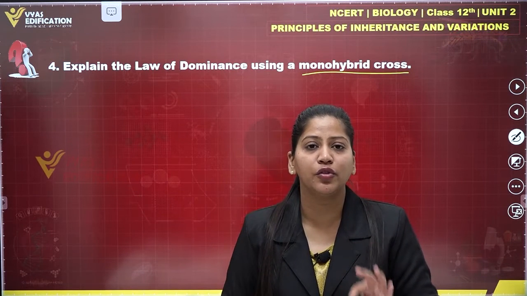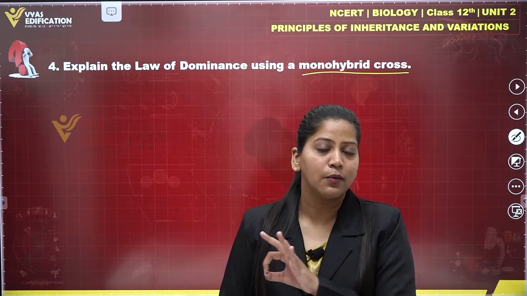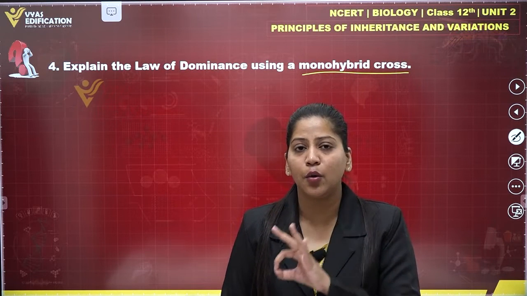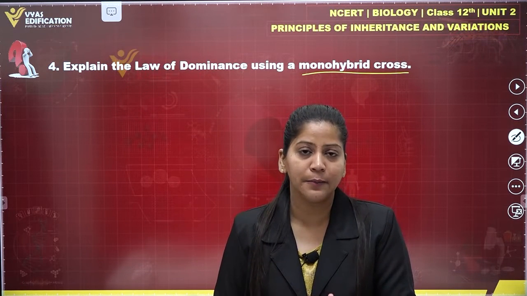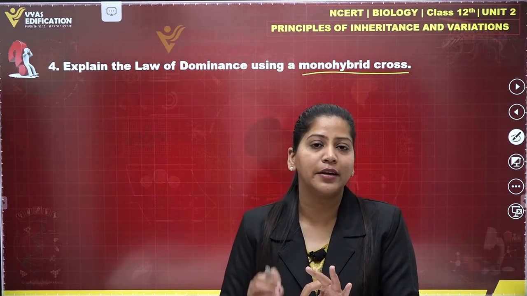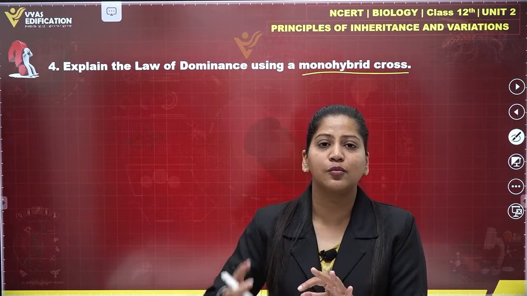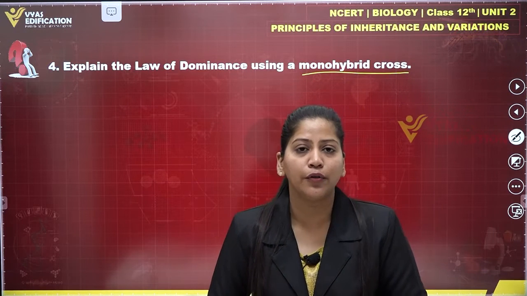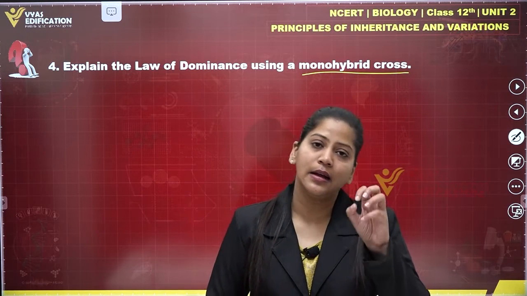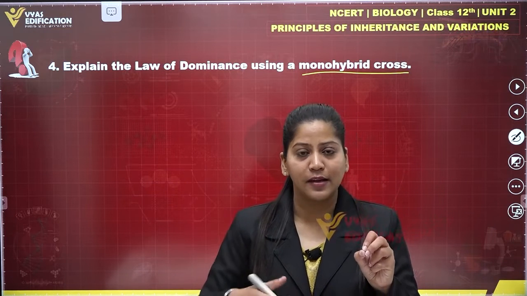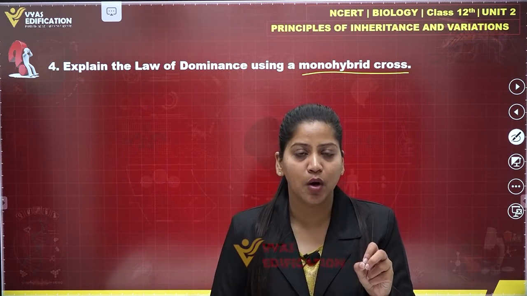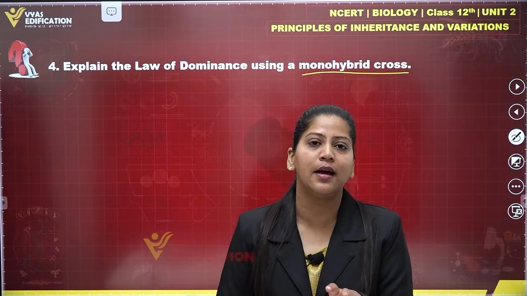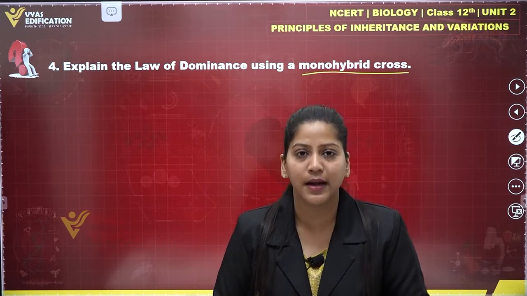All progeny were tall. There was no individual with dwarf height, whereas the dwarf plants expressed themselves in the next generation. So this is what happens in the law of dominance: the dominant allele expresses itself in a monohybrid cross, and it suppresses the expression of the recessive allele.